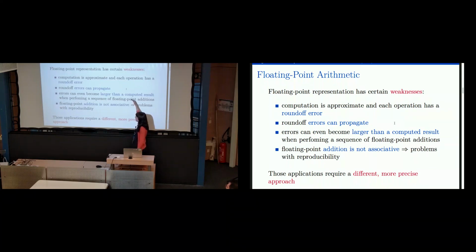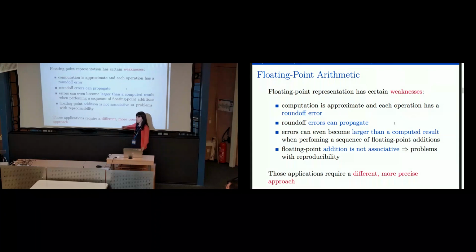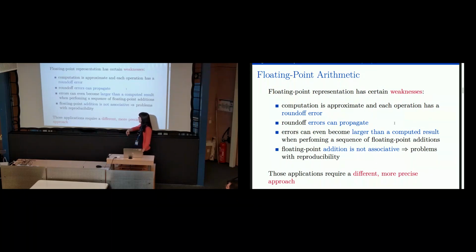But if you do computation one by one, like a binary, so you add two of them, then you add the next one to the result, you keep adding, it's possible that what you end up with is just noise. You may end up with the error, and the value itself is not necessarily going to be particularly useful or precise. And so because of that, we would like to do something that's more accurate, something that's better. And from that point of view, floating point addition is also not associative.